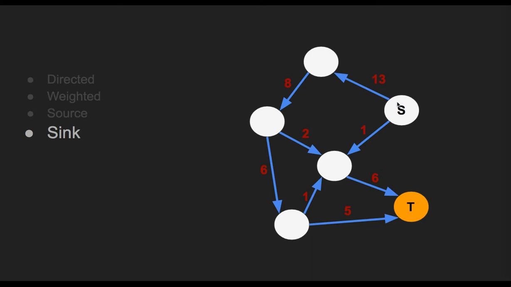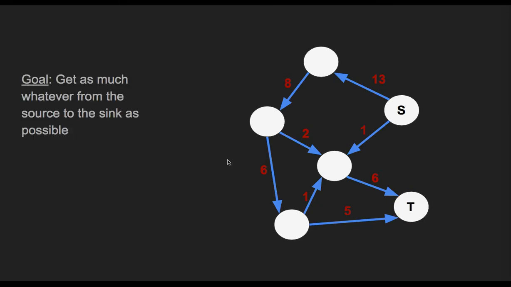We can have things going into the source, but those are less useful because that's where the origin of all of our stuff is going to come from. And we can have things coming out of the sink, but we want everything to go into the sink, so those arcs would be less useful there.